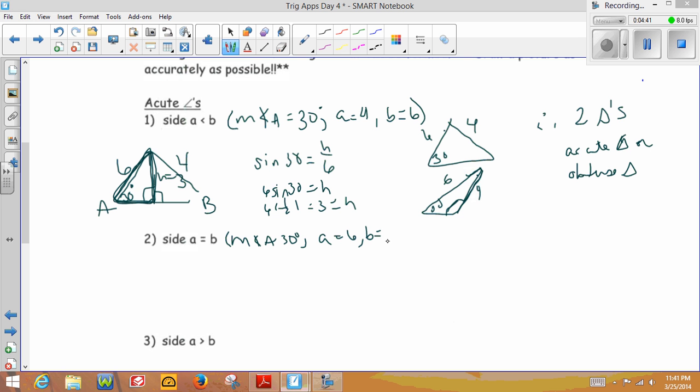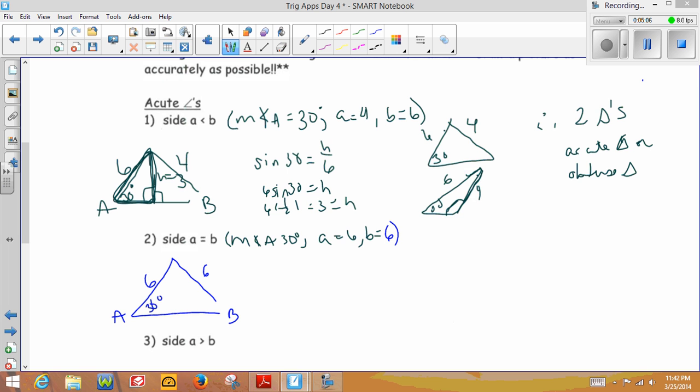There's my triangle, A and B. A is equal to 6, angle A is 30, and side B is 6.